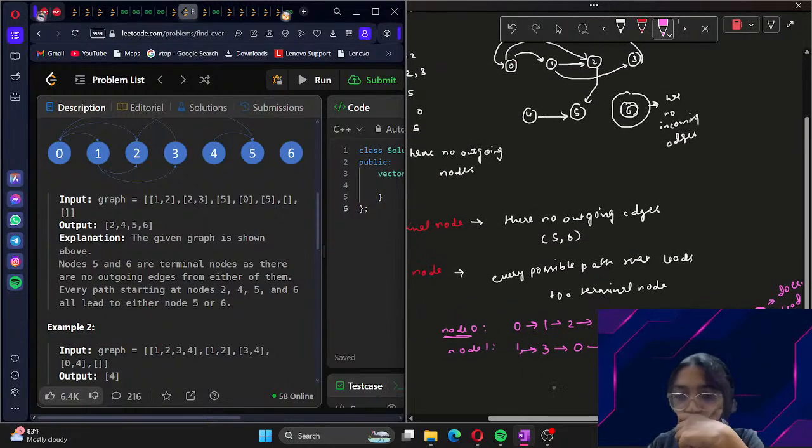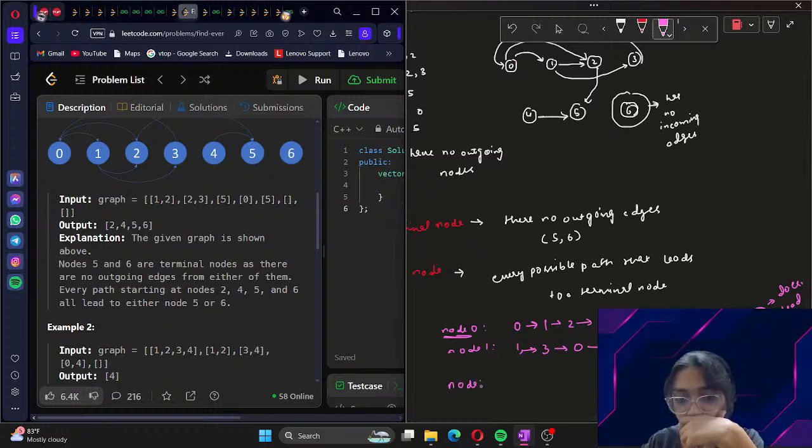Now if we go to node 2, even this can be considered as safe. Outgoing paths from node 2: it has only one outgoing path and that is from 2 to 5. So this is a safe node.